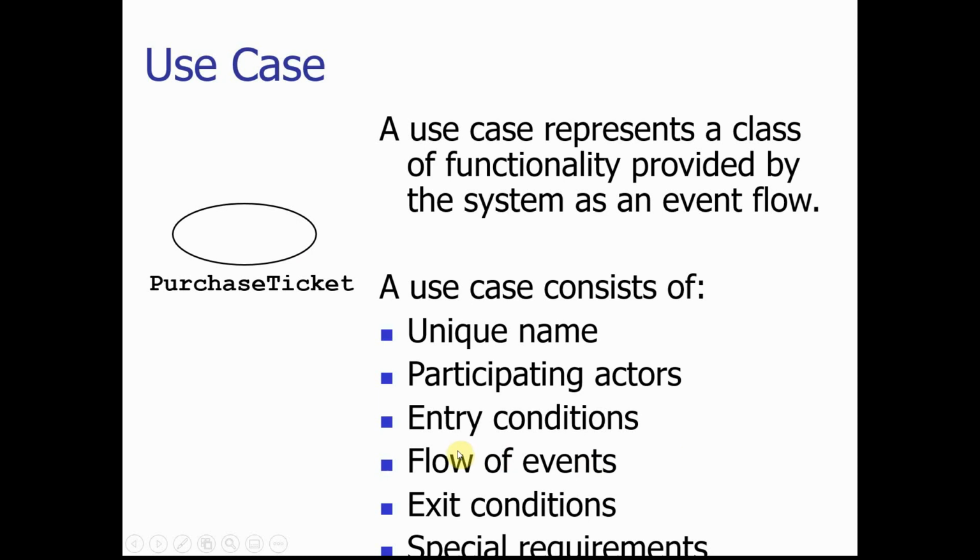This one, the flow of events, is the meat of the use case. So how do you get the flow of events? Here you need to communicate with the customer to figure out the step-by-step operation of how this use case happens internally.